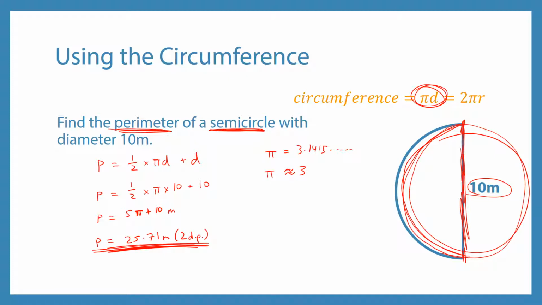We could calculate this one in our head, just to make sure we haven't made any mistakes when we entered it into the calculator. So we'd go P equals 5 times 3 plus 10, which is 15 plus 10, which is 25. And now 25 is close to this answer, so we can assume we've done it correctly in the calculator. But do know that you can use an approximation of pi just to check that your answer is correct in your head.